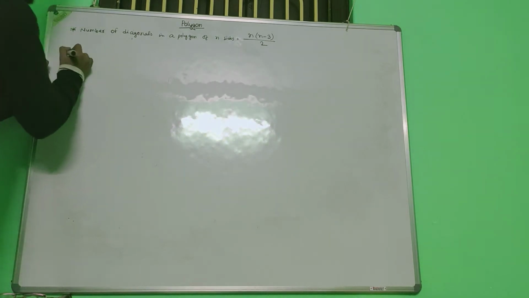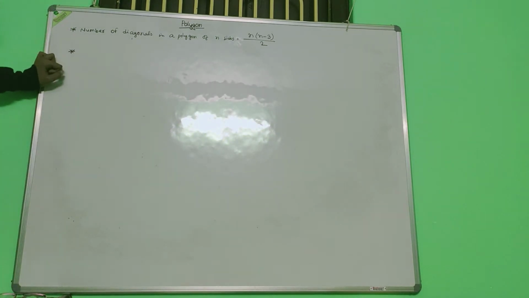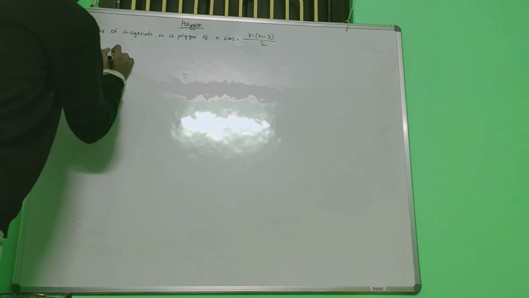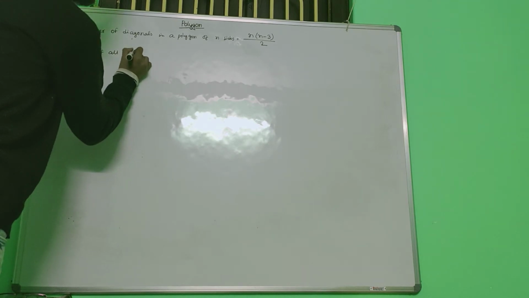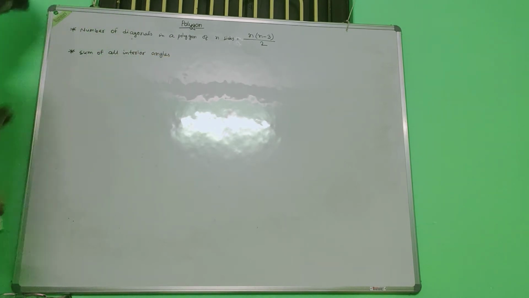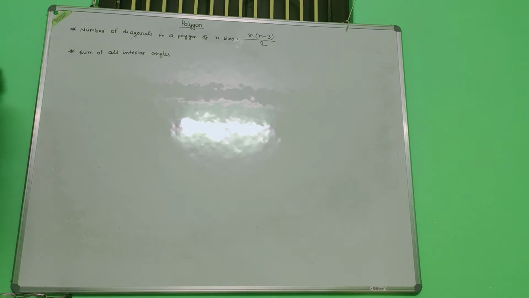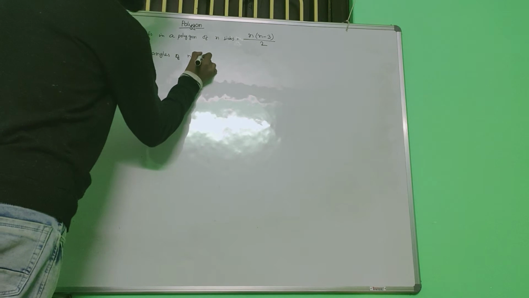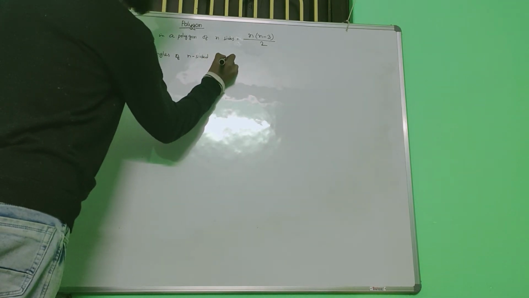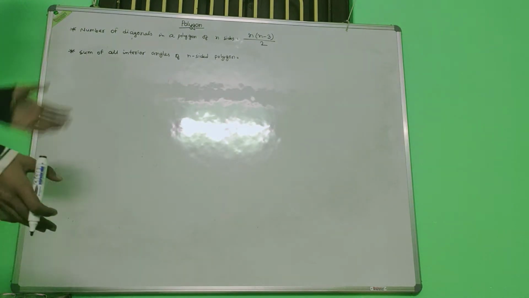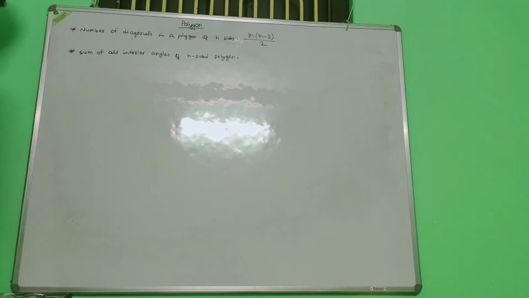Now next, the rule is the sum of all interior angles of an n-sided polygon. The polygon has a total of n sides. n can be any number: 2, 3, 4, 5, 6, 7, any number it can be.